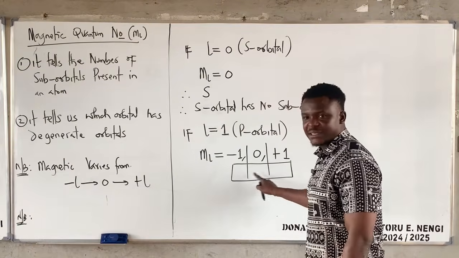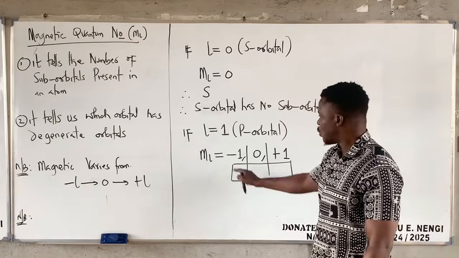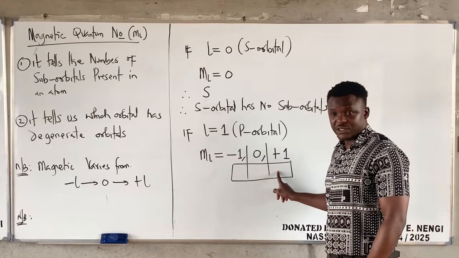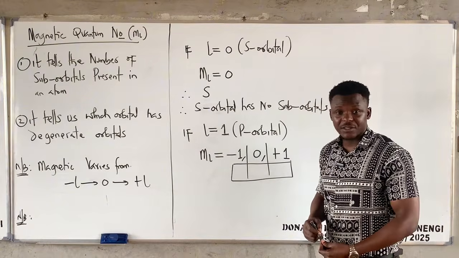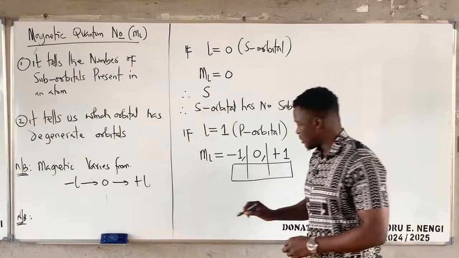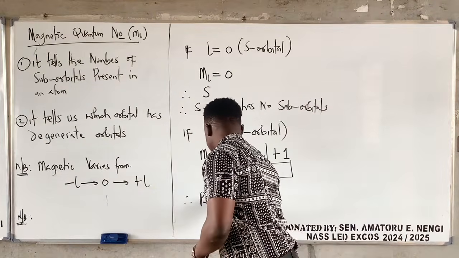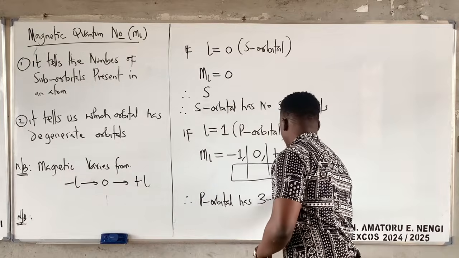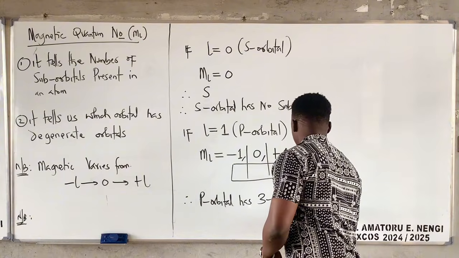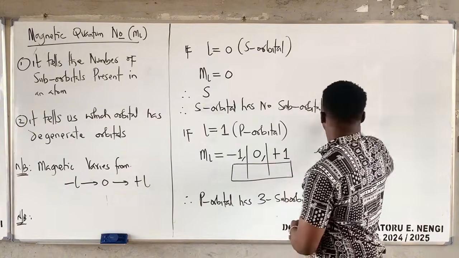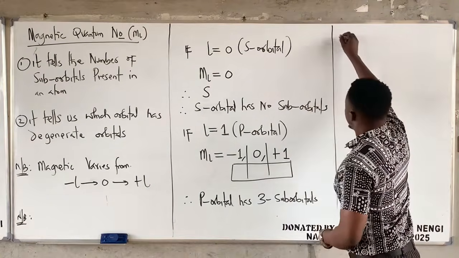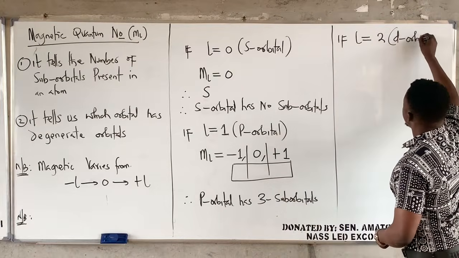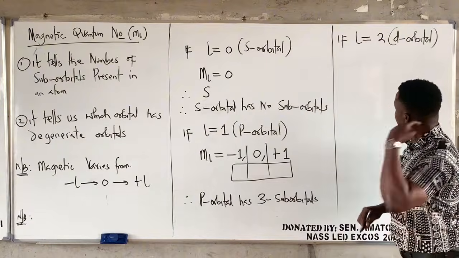Each of these numbers stands for an orbital. So P has how many boxes here? 3 boxes. So therefore, P has how many suborbitals? 3 suborbitals. So we'll say P orbital has 3 suborbitals. Now, if L equals 2, that is the D orbital.